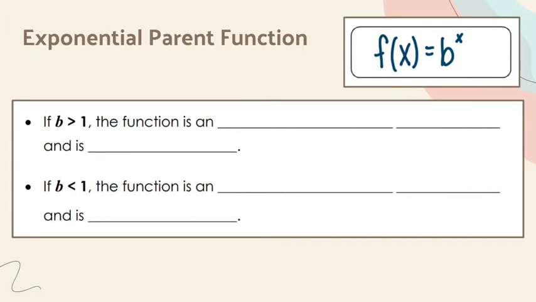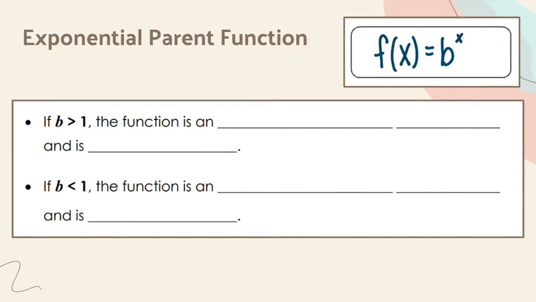Usually, we will see it represented with the number 2 because that's the smallest whole number that actually shows some shape on the graph. If you have 0 to some power, it's always going to be 0. And then 1 to any power is always 1. So the first number that actually shows a shape on the graph is 2. 2 to some power is going to change. And that lets you actually see the characteristics of a graph.